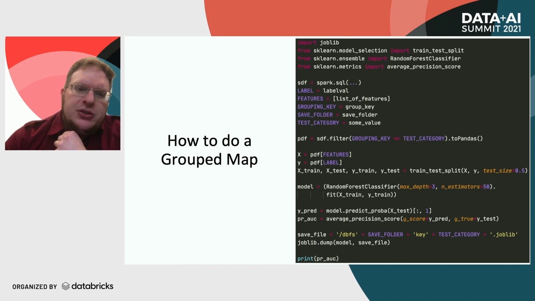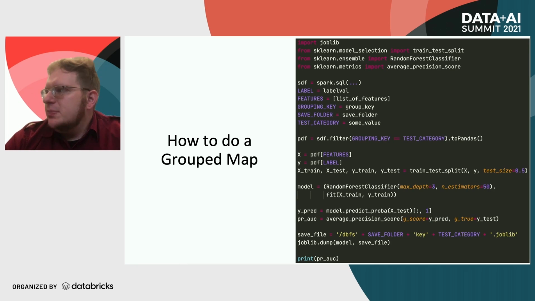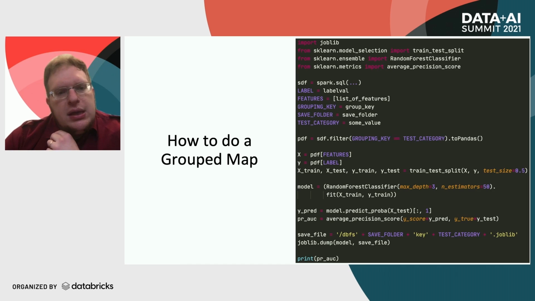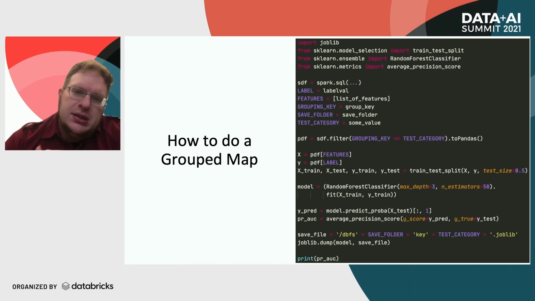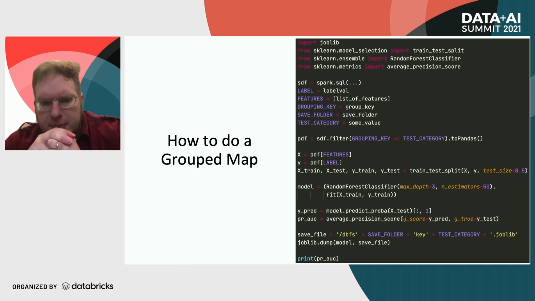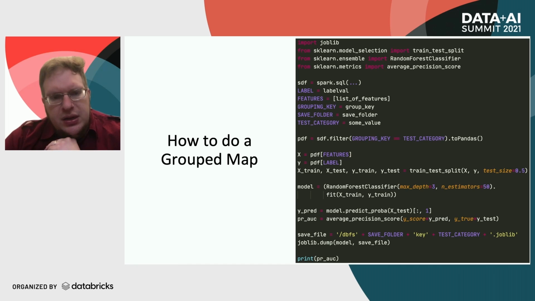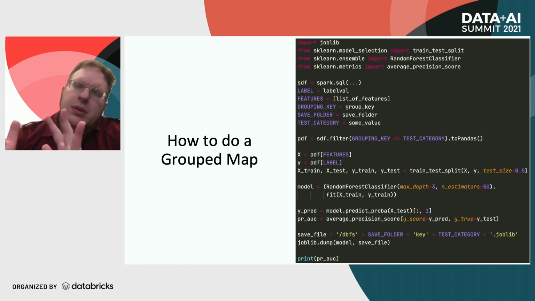I'll extract my features and my label, do a train test split, toss it into a scikit-learn random forest classifier, not a Spark random forest classifier, get my predictions for my test set, get some model metric, in this case I'm using the precision recall AUC, save my model to DBFS, move it here, and finally I'm just going to print my model score, my PRAUC here.